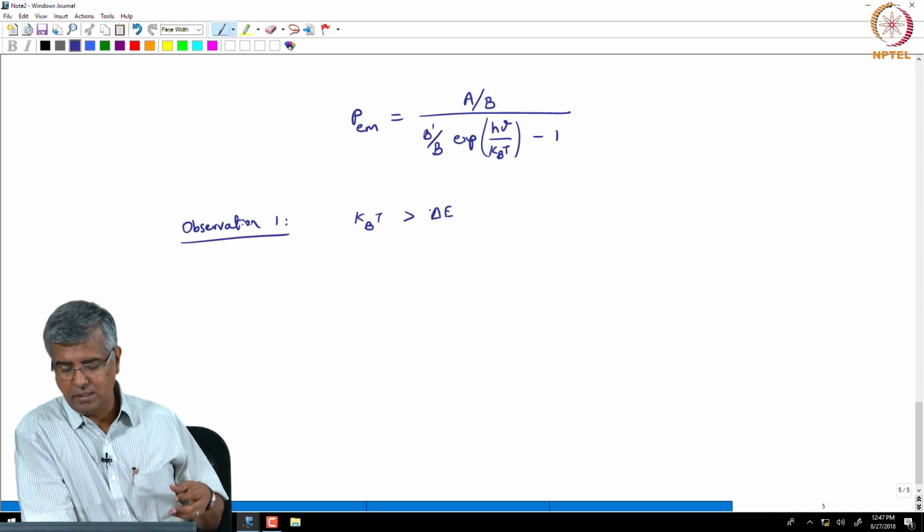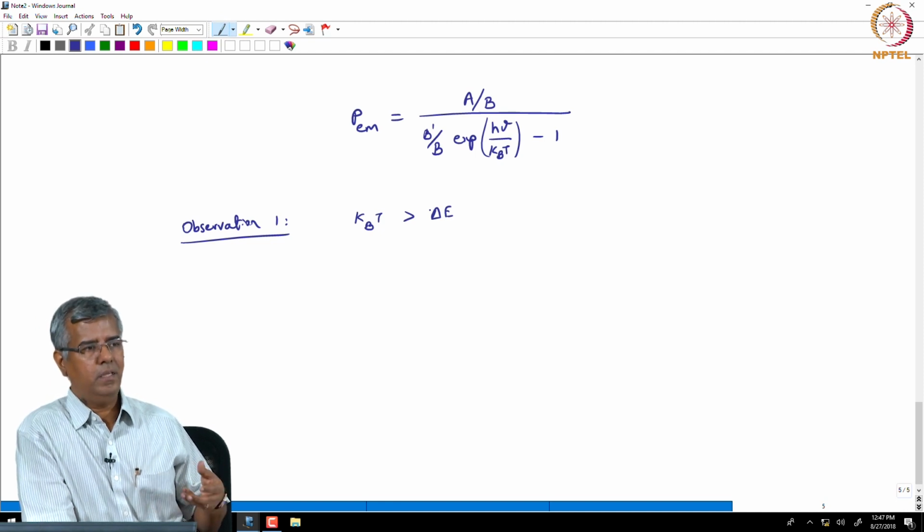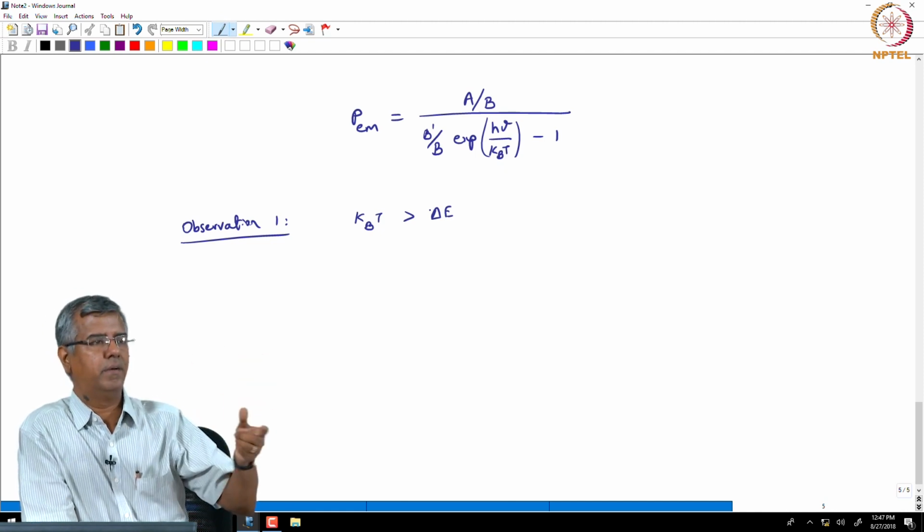What do we have in this case? There is equal probability that an electron can be in this energy level or that energy level.